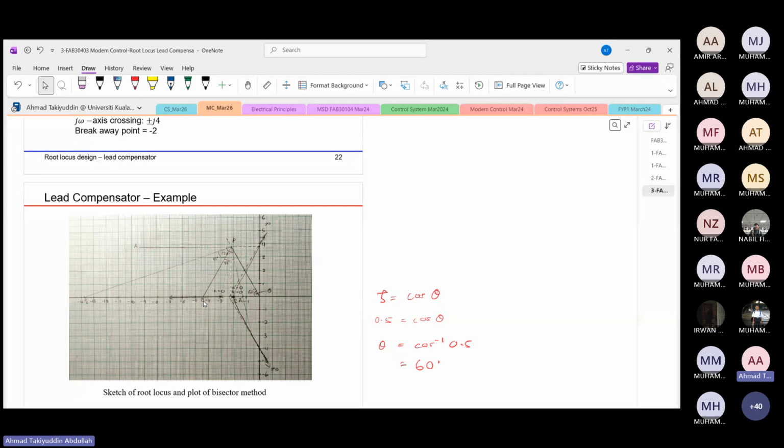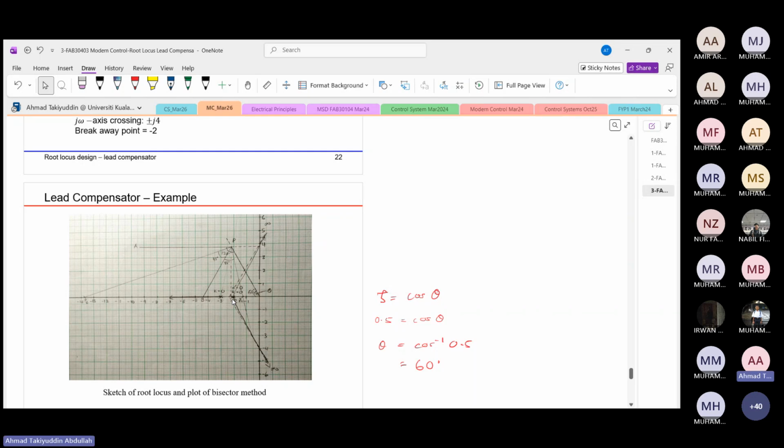So the phi value is 86 degree. Divided by 2, it will be 43. So 43 degree to the left of this B point will be the point for your PC. 43 degree to the right of this B point or this B line will be the ZC value.